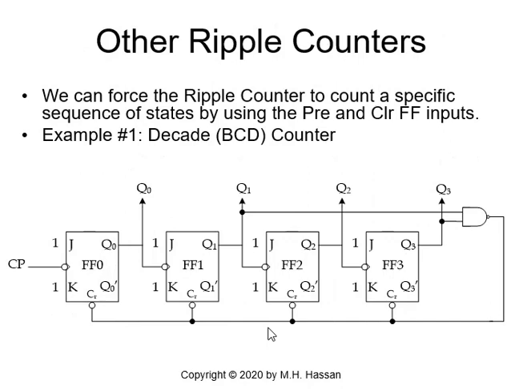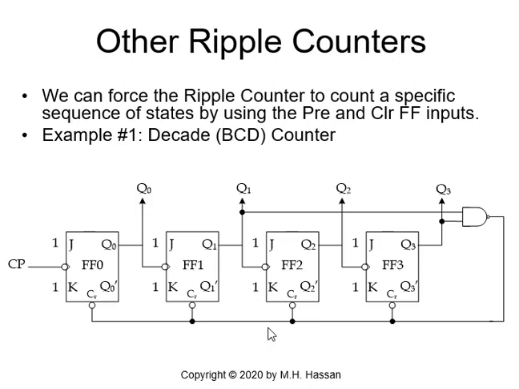Now, we may need to build other ripple counters like decade counters or BCD counters, and we can do this by eliminating a number of states. Often we use the preset and the clear of the flip-flop to preset the counter at a specific state.